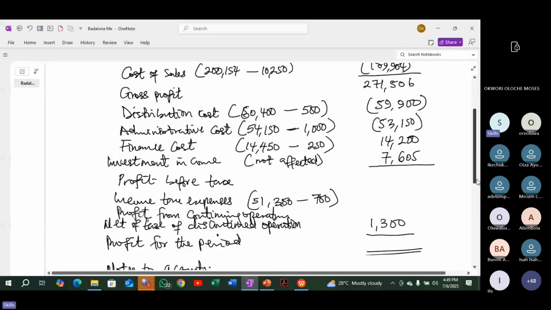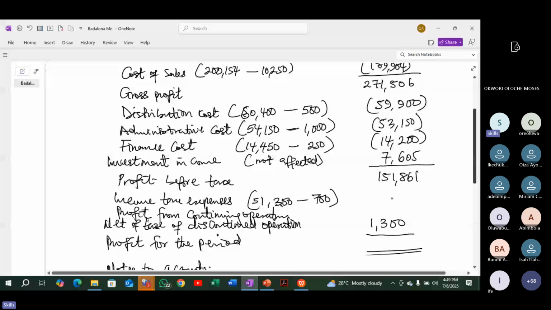Let me put it in brackets. 151,861, Abby? Yes. Okay, income tax expense: it should be around 50,000 plus. 50,600.